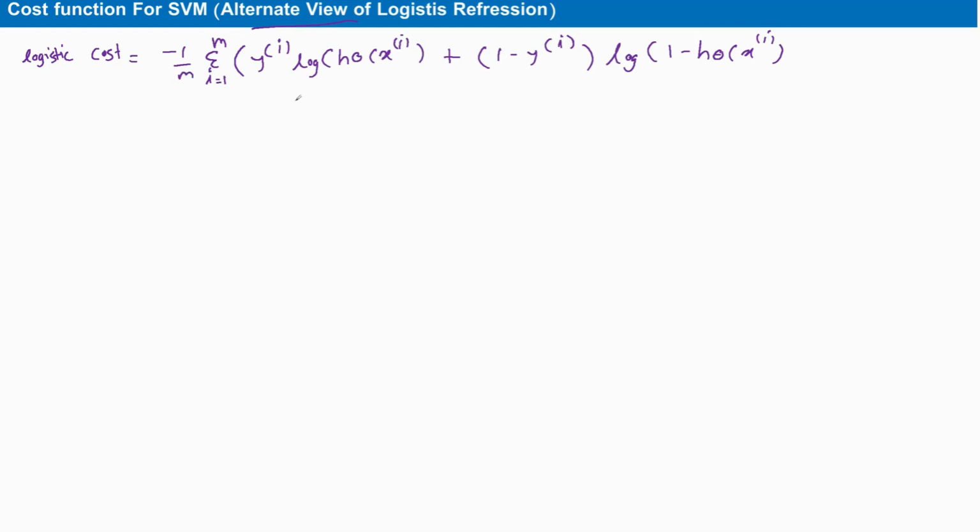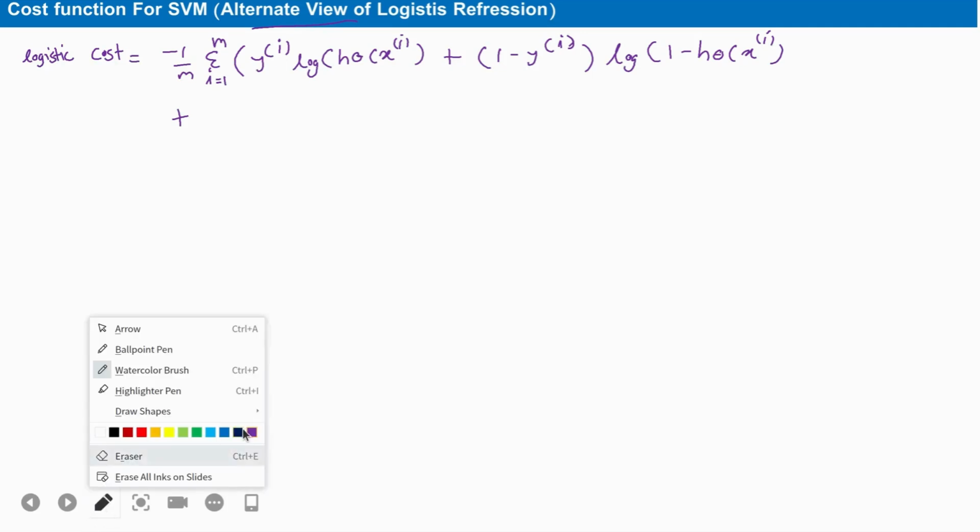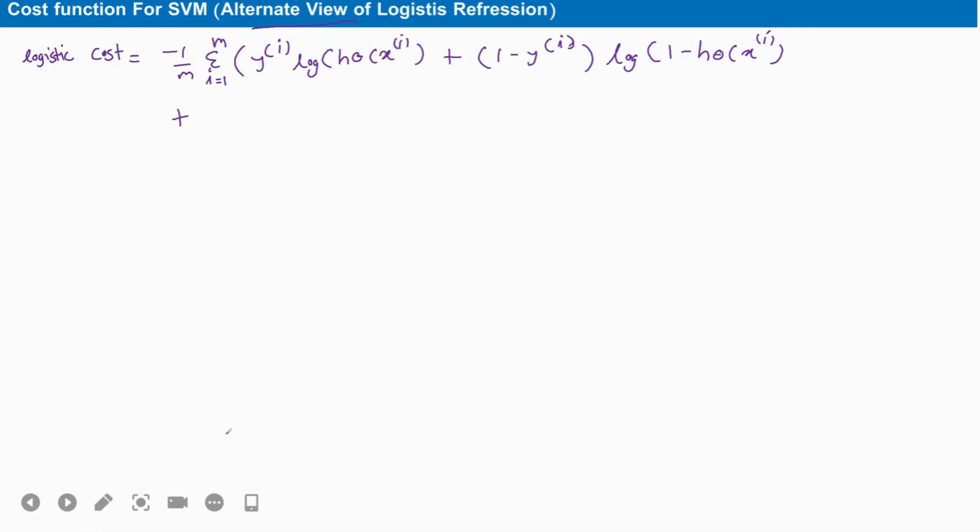In this there is also one regularization term, which gets added like this. Here I will use a different pen to make the differentiation. The regularization term is gamma divided by 2m, summation of j equal to 1 to n, L2 norm of theta_j.